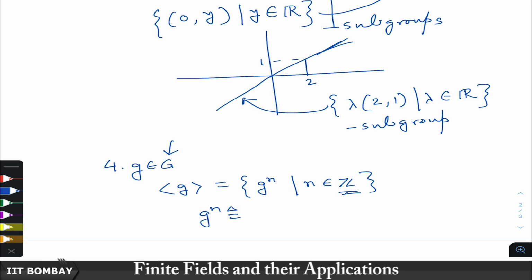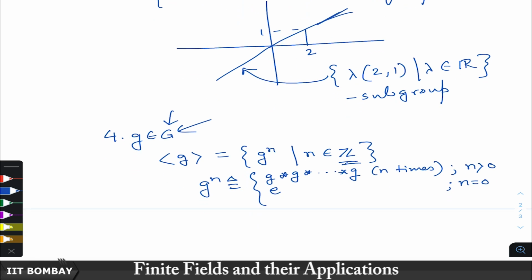So, g^n is defined as g times g times g, where times means the operation in G, dot dot dot, g n times, if n is positive, n greater than 0. It is the identity element if n is equal to 0. If it is negative, what is its definition then? Suppose g power minus 5.